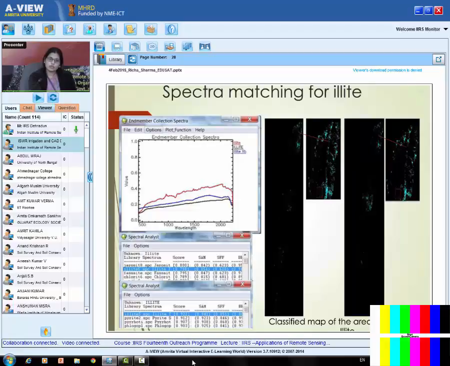Whenever the score is high, say 80% or 90%, meaning the spectrum generated from the image is matching more than 80% with the library spectrum or the spectrum we collected from the field, then we assign that spectrum to that particular class.